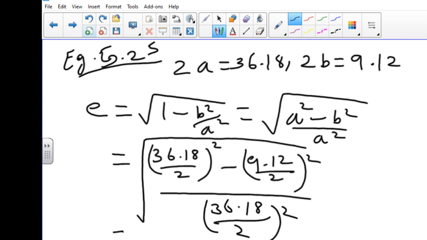So it is equal to, 36.18 by 2 is nothing but 18.09. So (18.09) the whole square minus (4.56) the whole square, then divided by a square. So the square root of a square is a. Therefore, the numerator we take a separate square root.